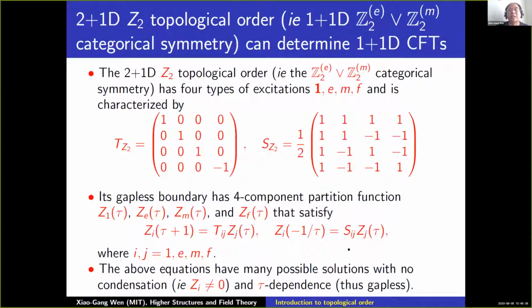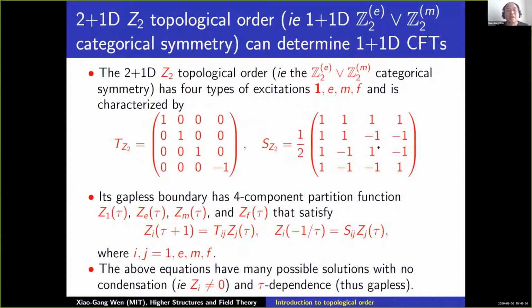Okay, so let's see, is that really true? Can we use categorical symmetry to completely determine the CFT? As I mentioned, this Z2 topological order, or this toric code model, whose categorical symmetry or 2D topological order is described by these two ST matrices. These two 4x4 matrices describe the 2D topological order or categorical symmetry.